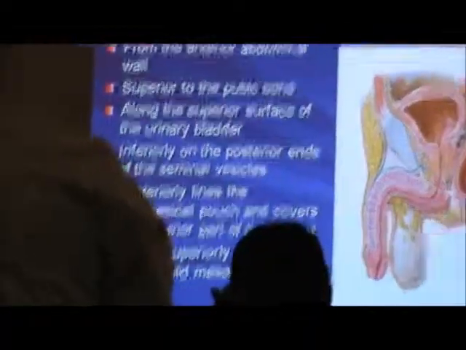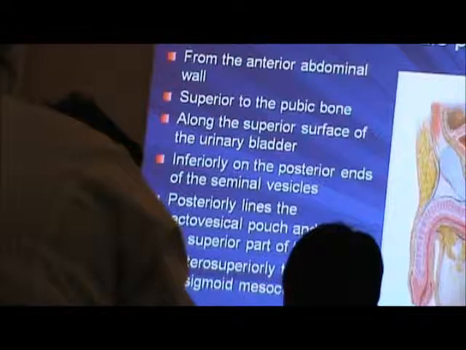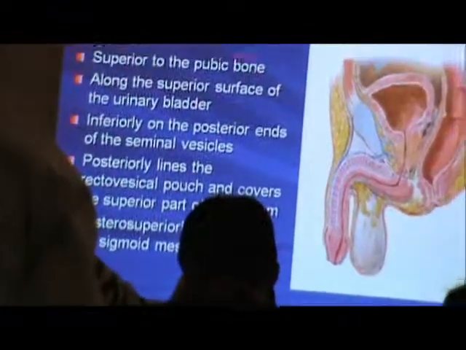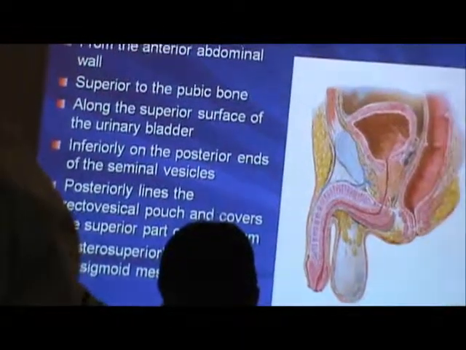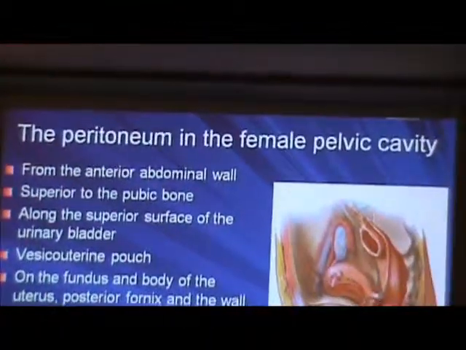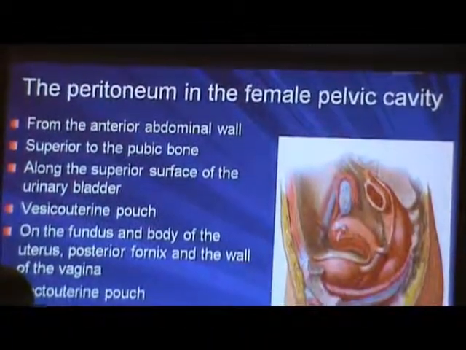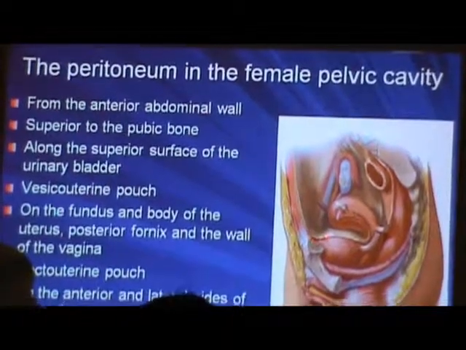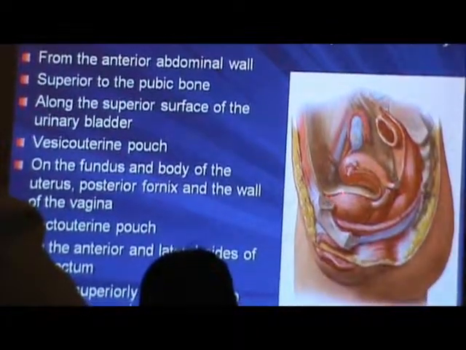Posterior-superiorly, this peritoneum becomes the sigmoid mesocolon. In the female pelvic cavity, the peritoneum passes from the anterior abdominal wall superior to the pubic bone.